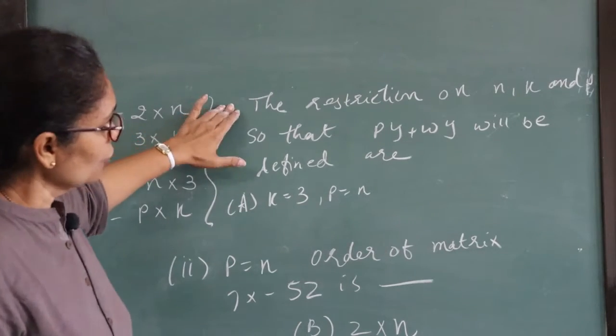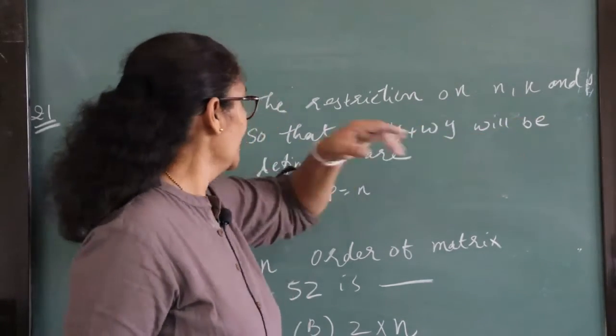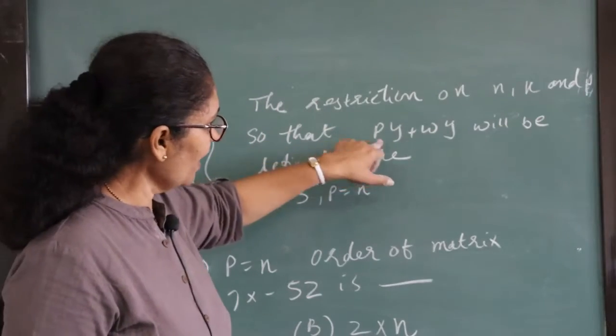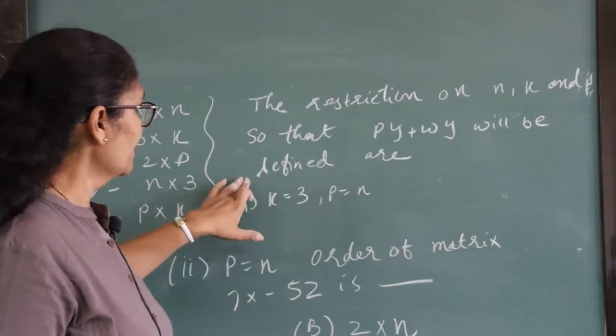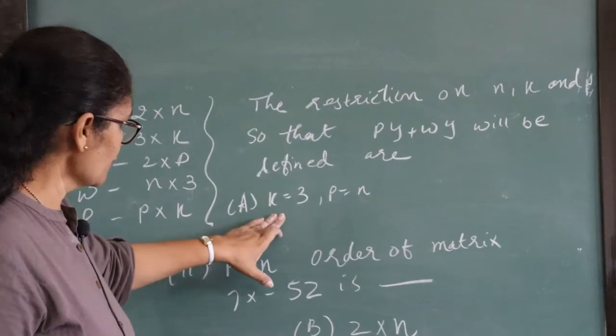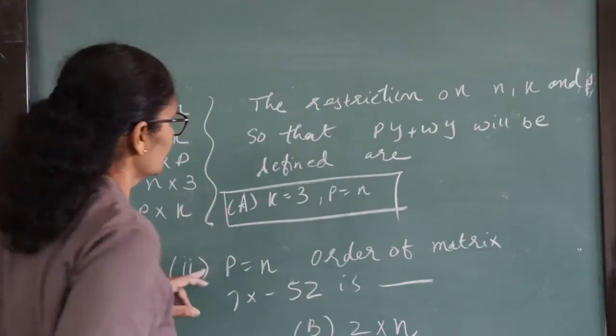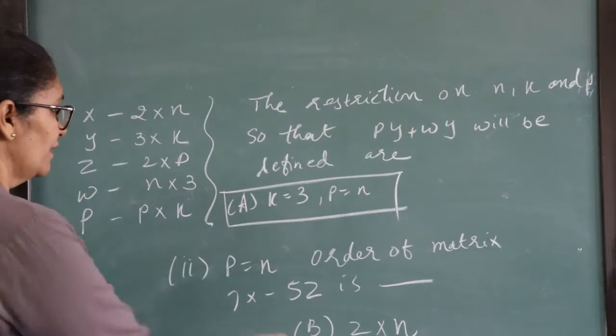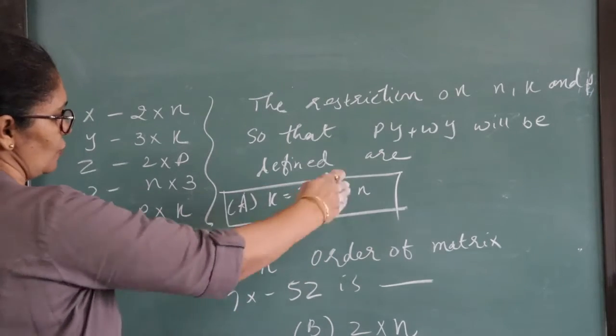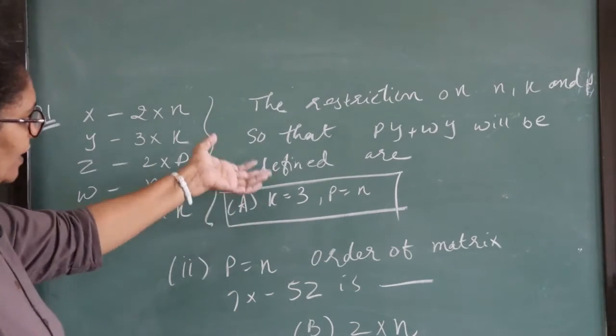And the restriction on n, k and p, so that PY plus WY will be defined, is: the first answer given is k equal to 3 and p equal to n.